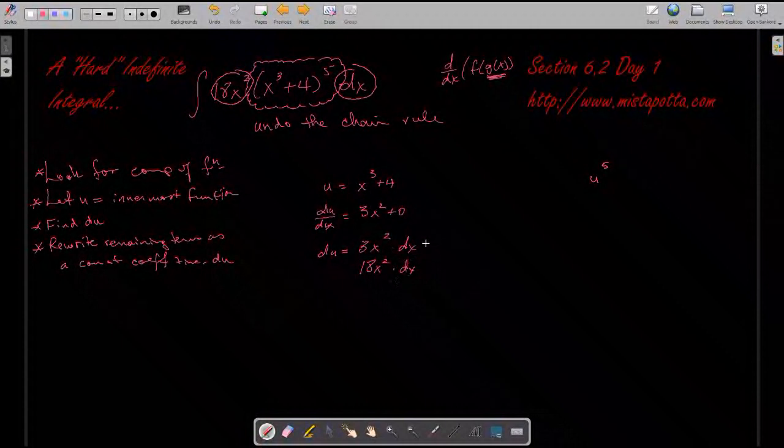The question is, how do I get from this step to this step? To get from this 3x squared to 18x squared, I have to multiply times the constant coefficient 6.